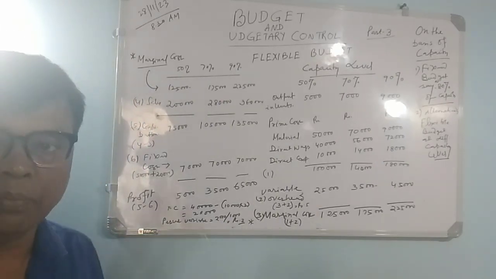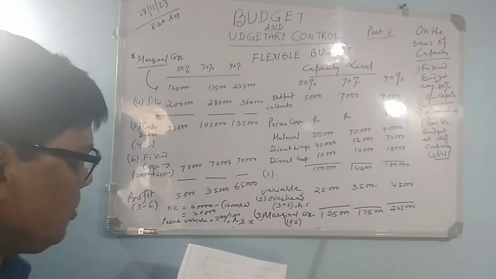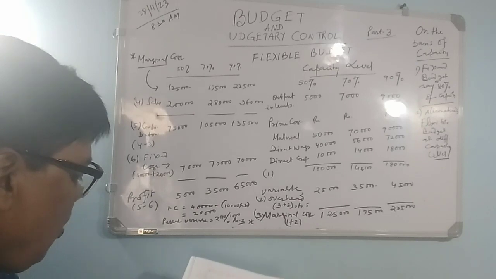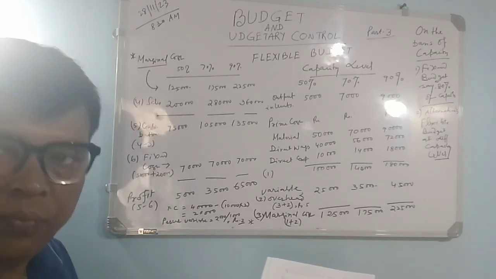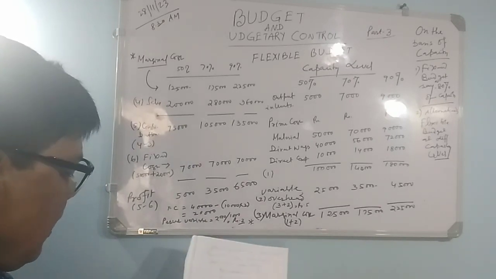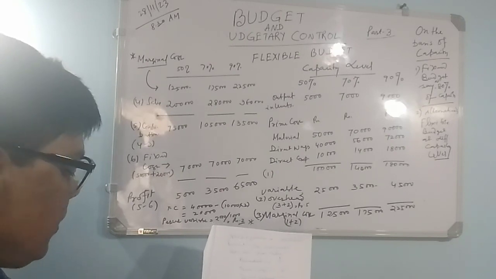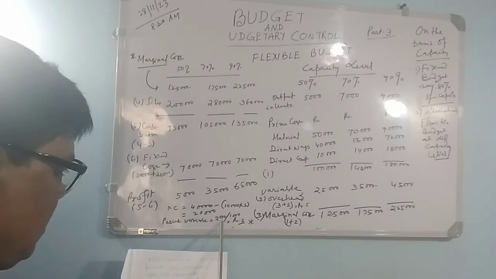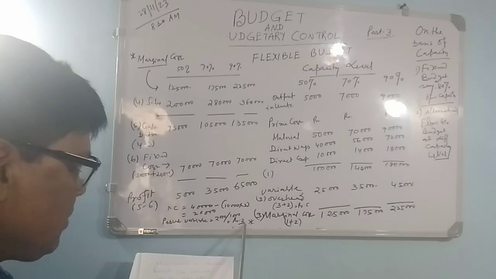Now the important point for this problem is the variable overhead. The variable overhead is 3 per unit, but one portion of the semi-variable overhead is also variable. After a certain stage it will be 2,000 for 1,000 units. So per unit the variable portion is 2,000 divided by 1,000, that is 2 rupees per unit.